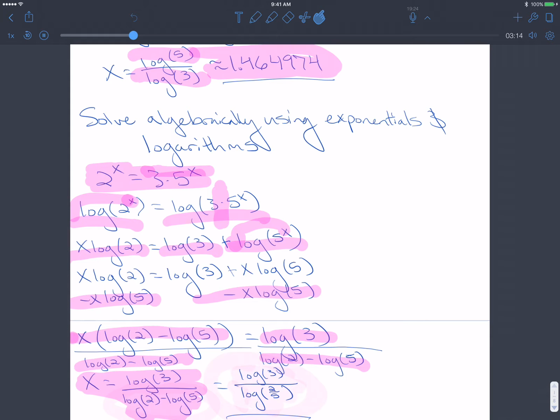I can simplify this denominator a little bit, because I know that subtraction corresponds to division, and so that's log of 3 divided by log of 2/5. You don't have to do this in your simplification on an exam necessarily, but it's important that you recognize these laws of logarithms. If I was asking you to compress it as much as possible, then yes, you want to do that, but if I'm just asking you to solve for x, it's a different question.